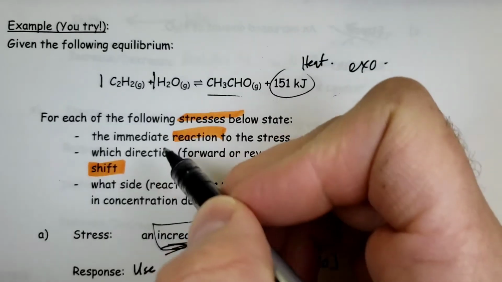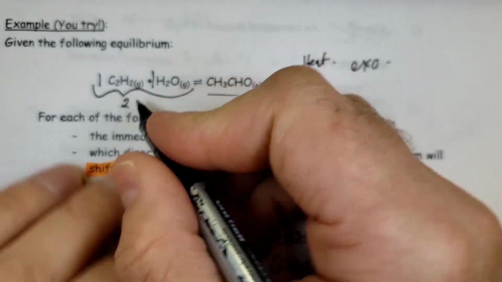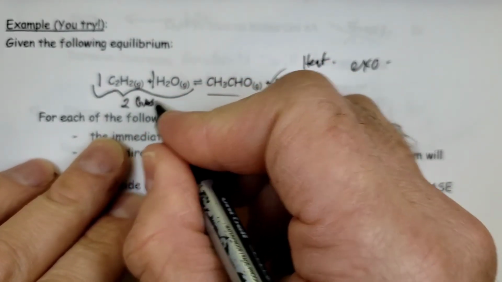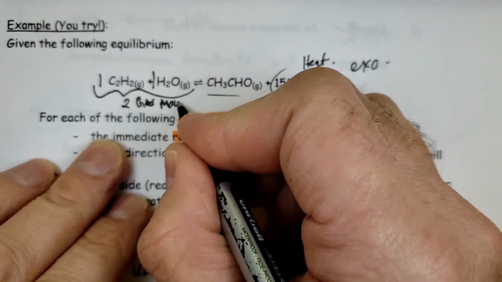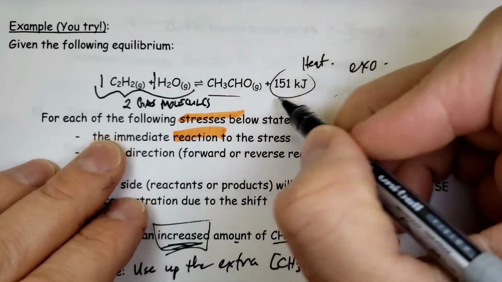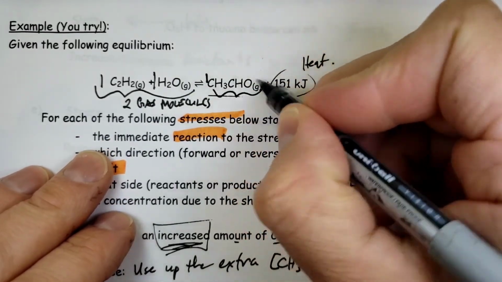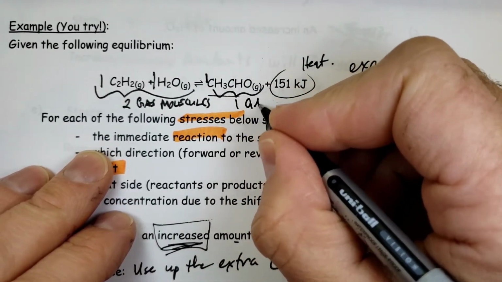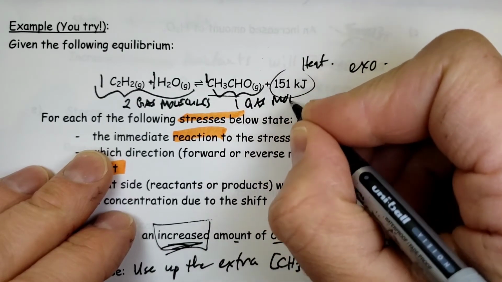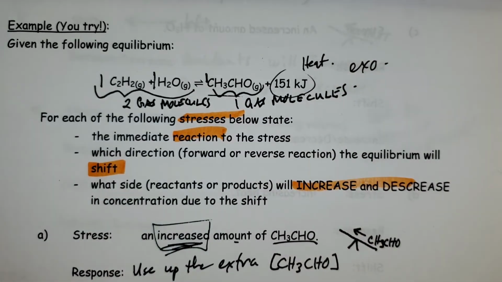Here I have one H2O molecule. 1 and 1, 2 gas molecules. If I look at this side, I have an energy term and I just have one of these, one gas molecule. So that's the key thing you have to do first, is see what you have there.